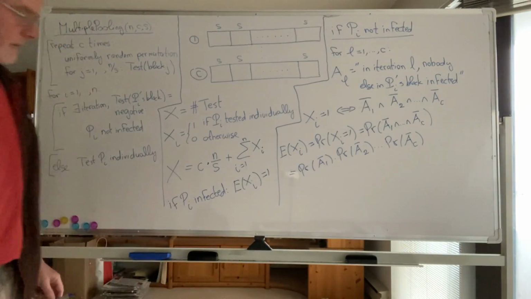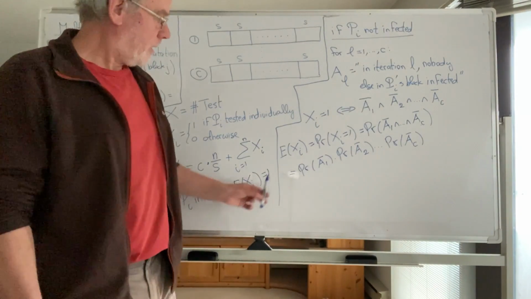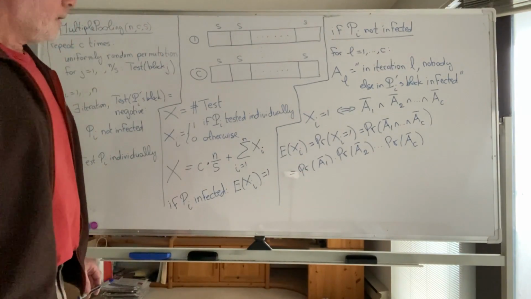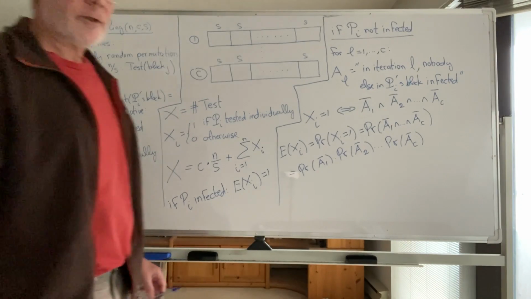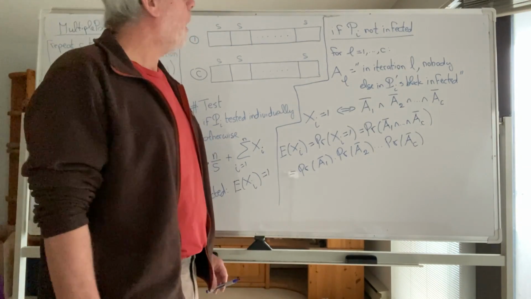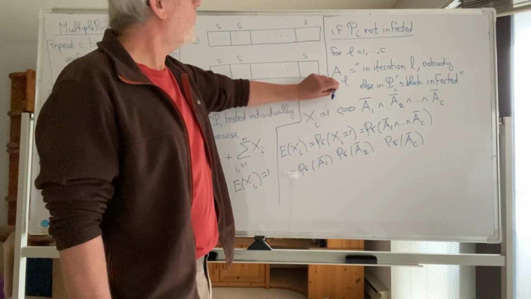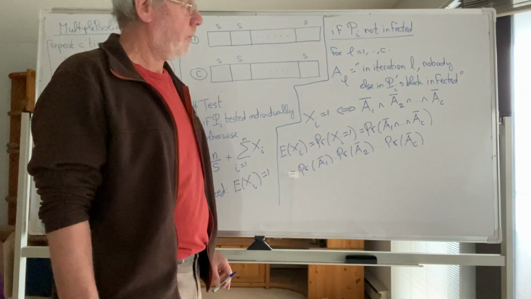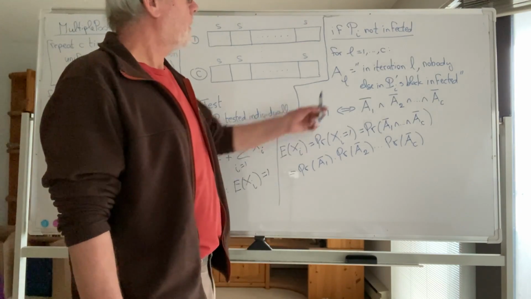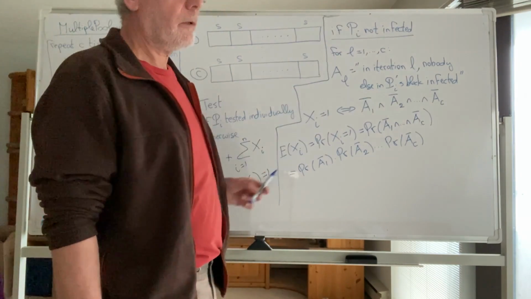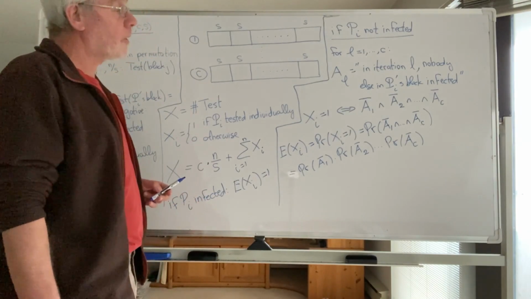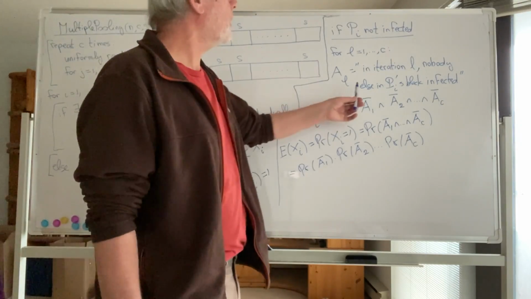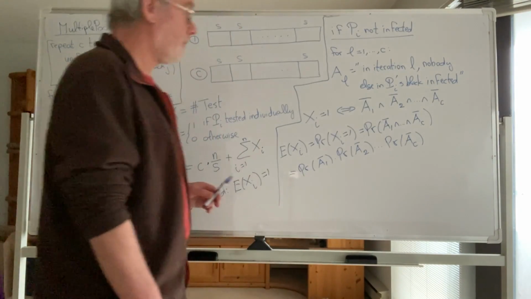Okay, so we want the expected value of xi, and now we know it is equal to this here. Now in the first part of this video, we determined the probability of this event A sub L. Because there we said we put the people in random order and we determined the probability that nobody else in Pi's block has been infected.